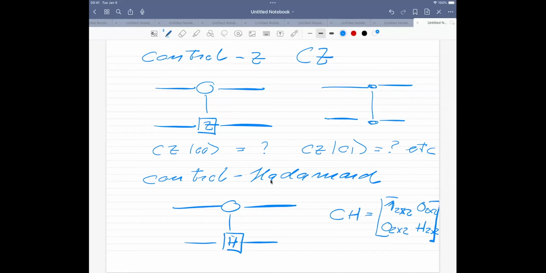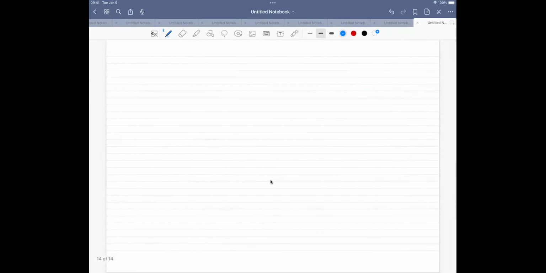You can then set up different operations. If you look at the Hadamard gate, you can look at the operations it does on different 2-qubit systems. If I do a C Hadamard on 0, 0, since I have the identity matrix on top there, this just gives 0, 0. If I take the Hadamard gate on 0, 1, that is also acting on the first qubit in state 0.